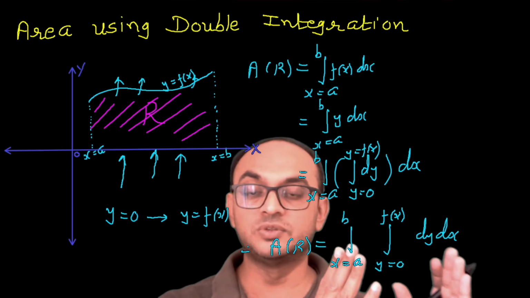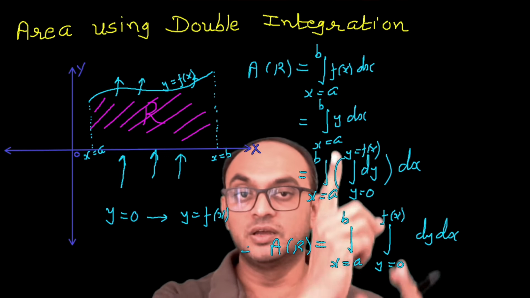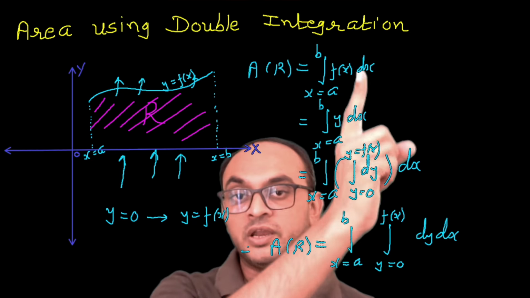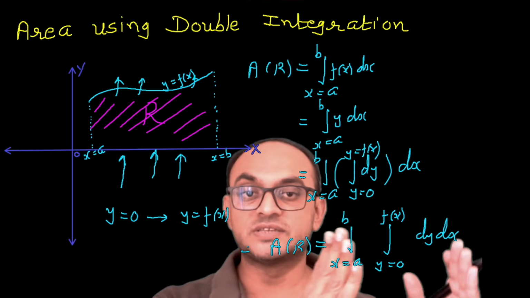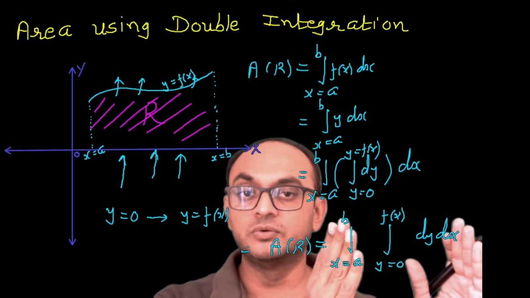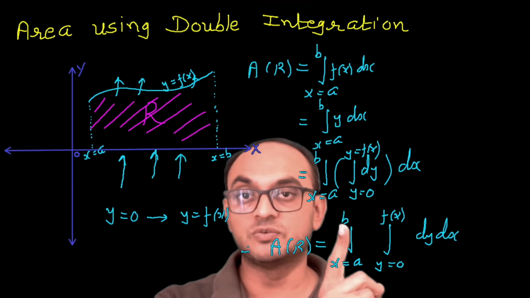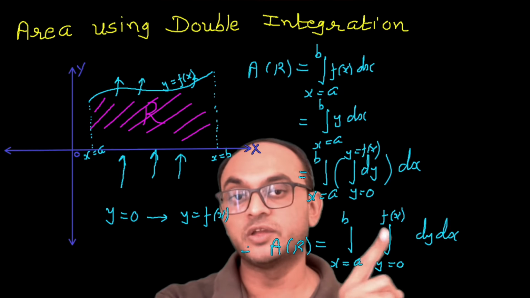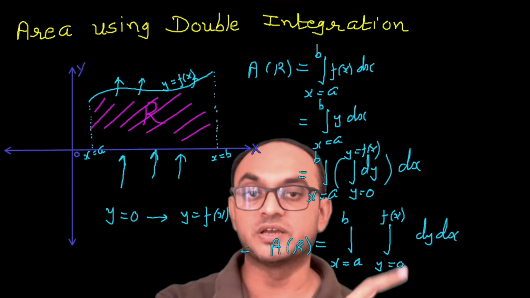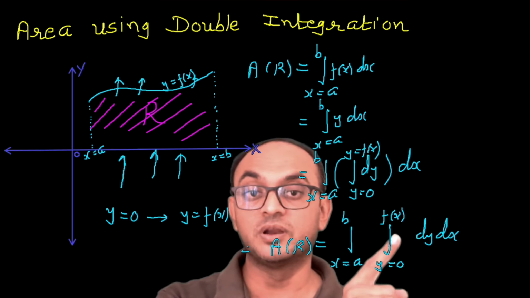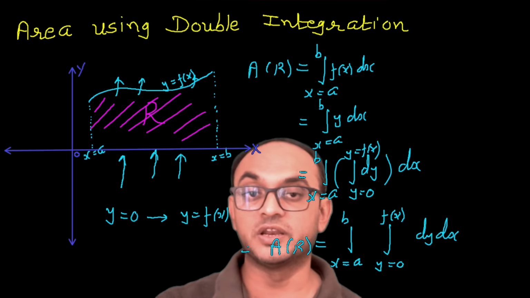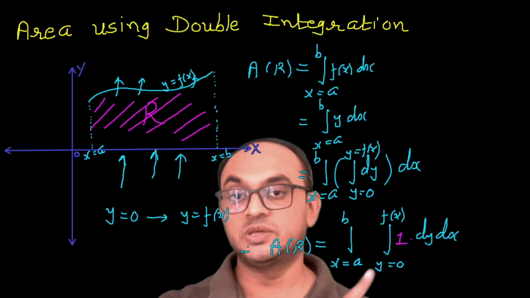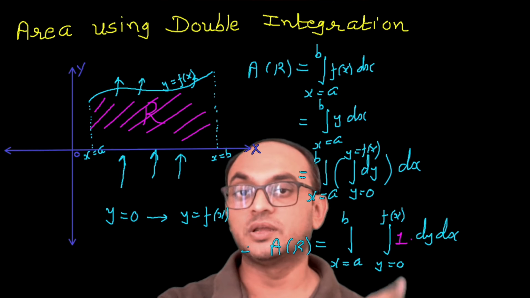If you observe this formula, whatever we have given in terms of single integration, the same quantity will be converted into the double integration x equal to a to b, integration y equal to 0 to f of x, dy dx. So what is the function here? You already worked with a number of examples in double integration, right? Here the function is 1 into dy dx.